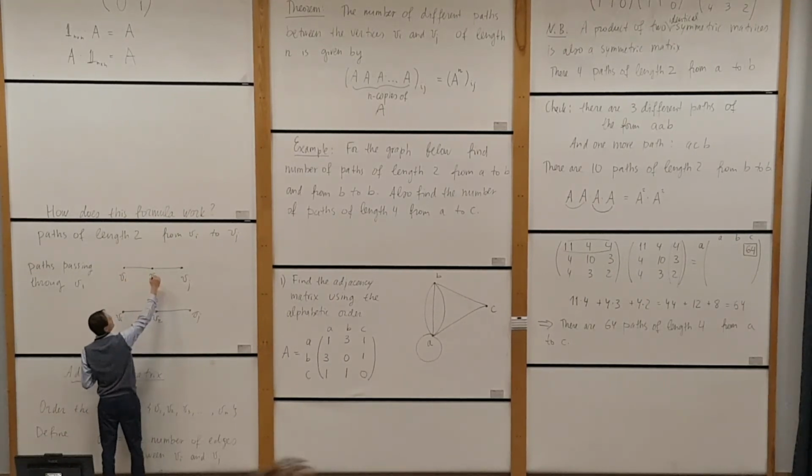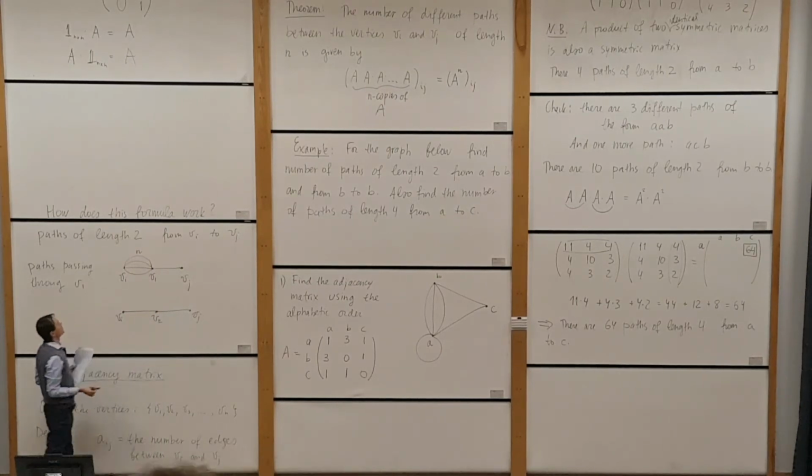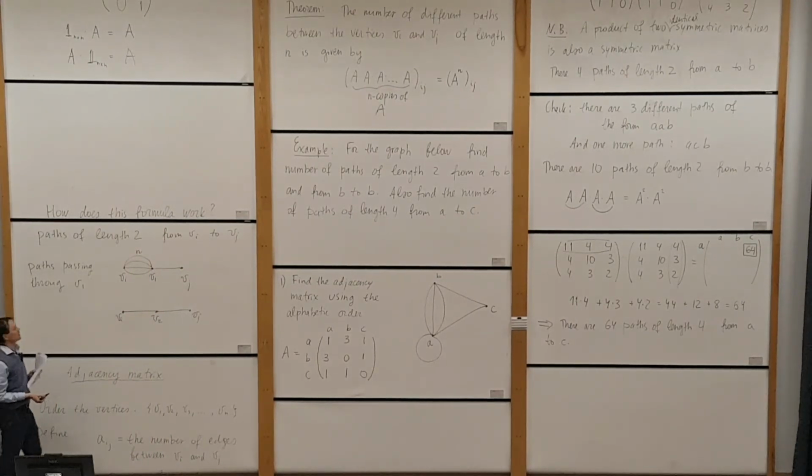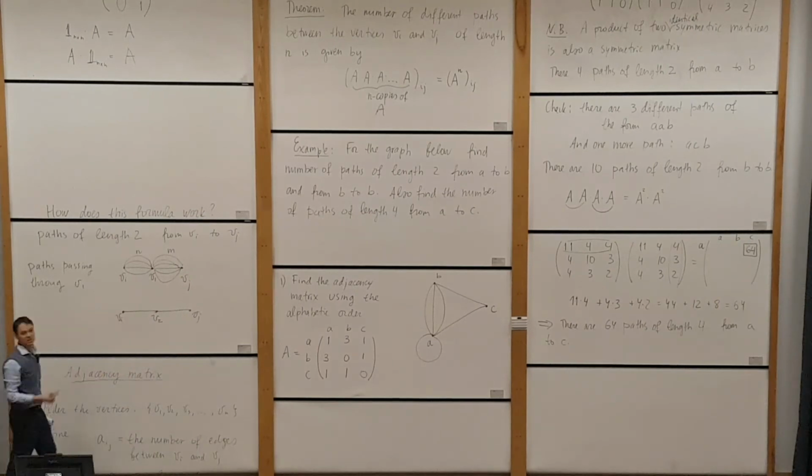So, for example, looking at the first situation, when the intermediate vertex is V1, I may have some n edges between V sub i and V1, and I can have m edges between V1 and V sub j, the final vertex. I'm drawing all of them.